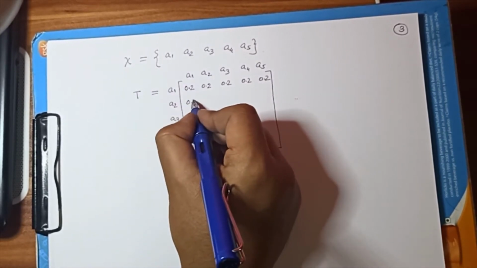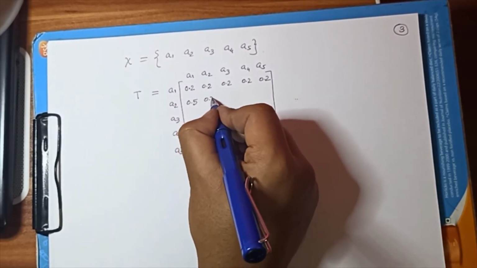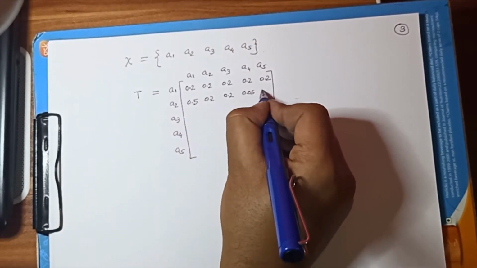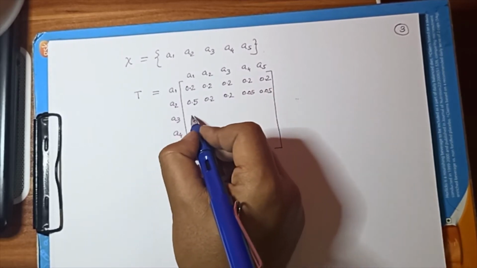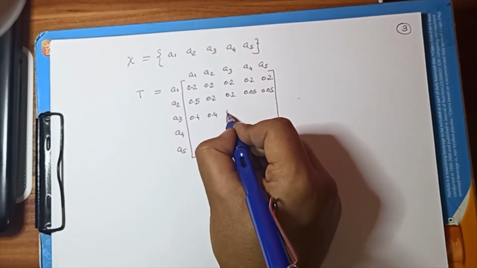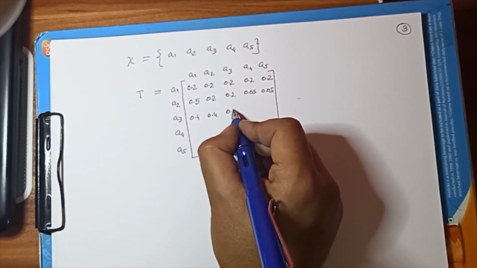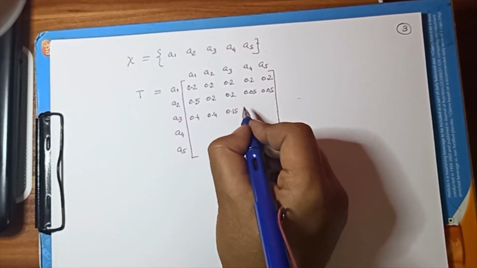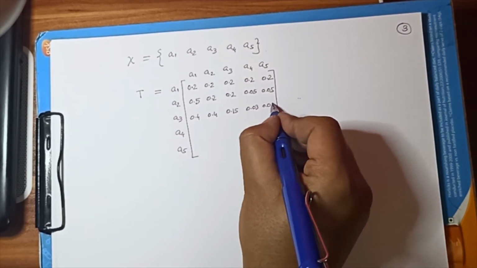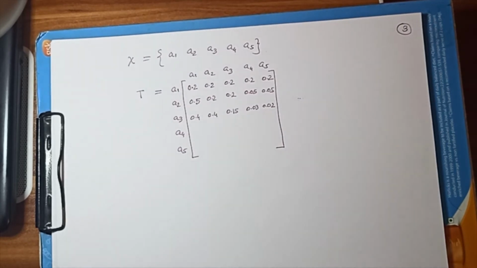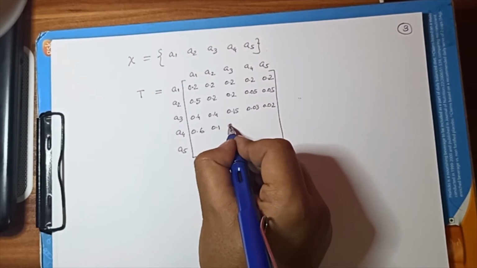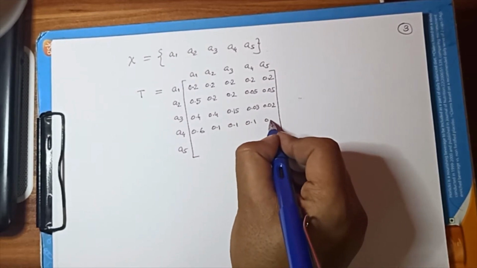This is some skewed row, suppose 0.5, 0.2, 0.2, 0.05, 0.05. This one is, say, 0.4, 0.4, 0.15, 0.03, 0.02, something like that. This is, say, 0.6, 0.1, 0.1, 0.1, 0.1.